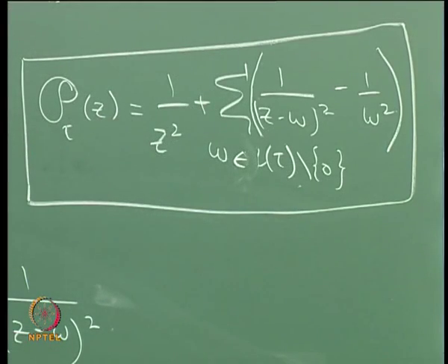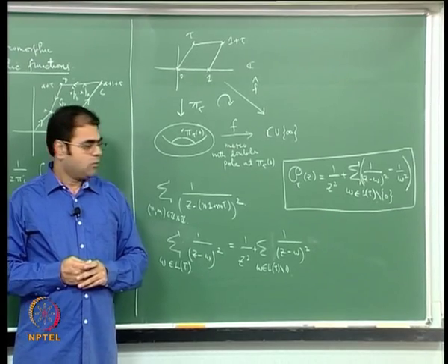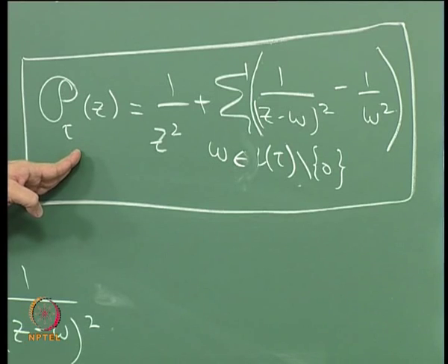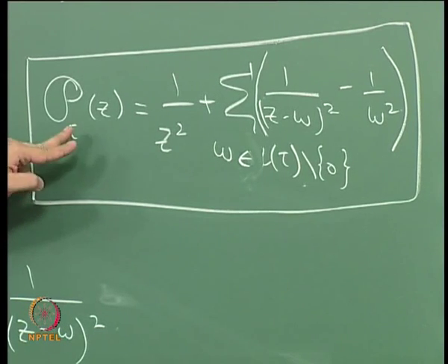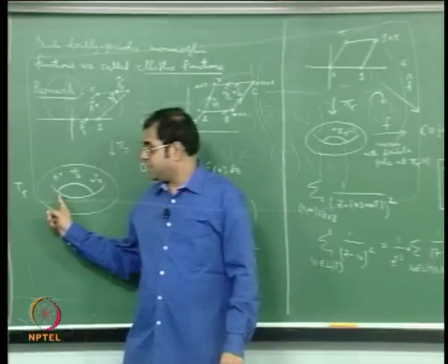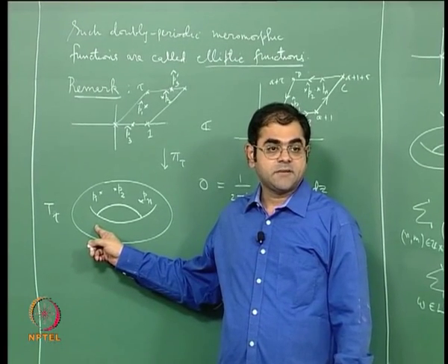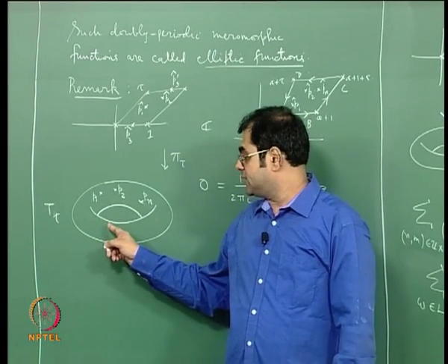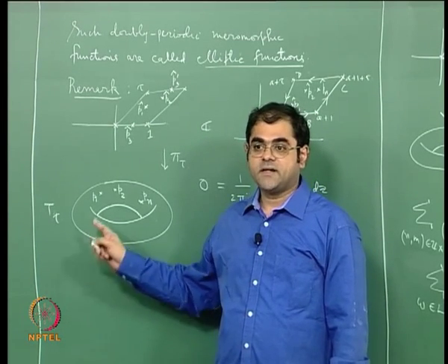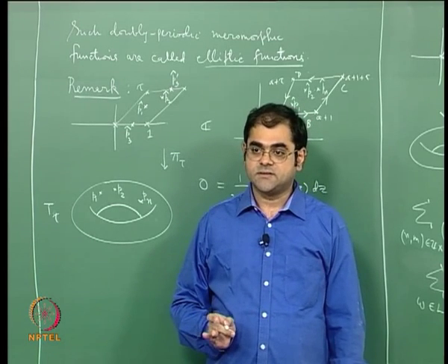So in the forthcoming lectures, I will show that this phi function indeed has all the properties, and we will see that this phi function actually characterizes the torus. By that I mean if you take two non-holomorphically isomorphic tori, the phi functions you get will not be compatible with each other.